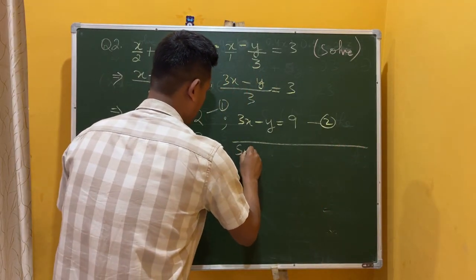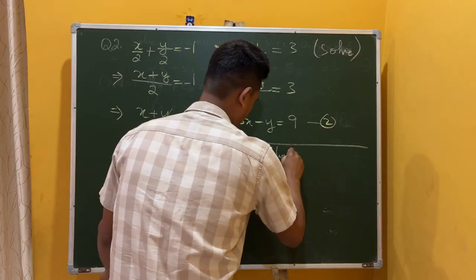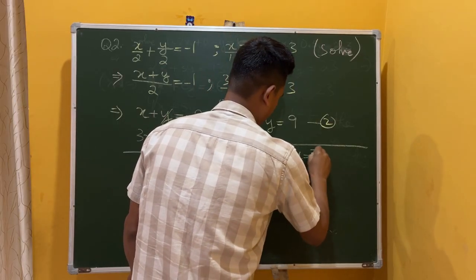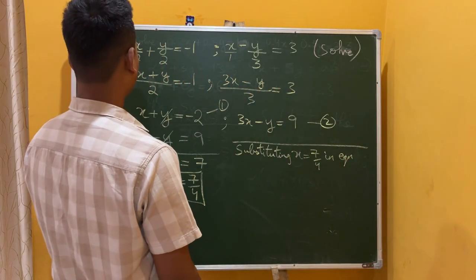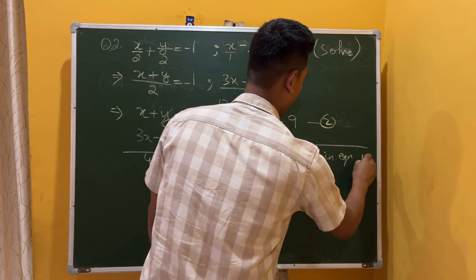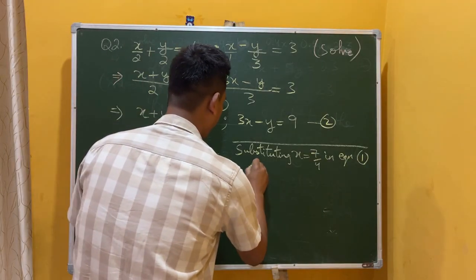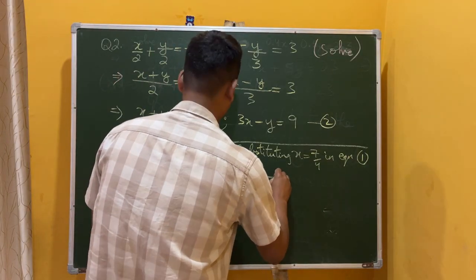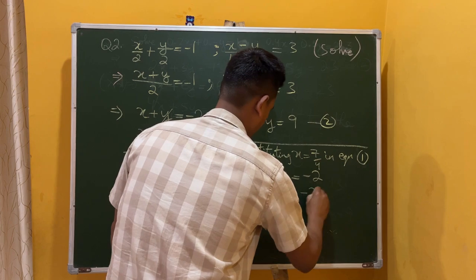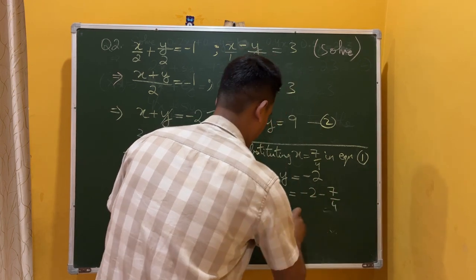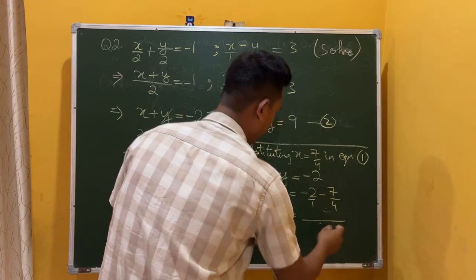Now, I'm substituting x equals to 7 by 4 in equation 1, we'll get, so finding the LCM, taking the LCM, sorry.